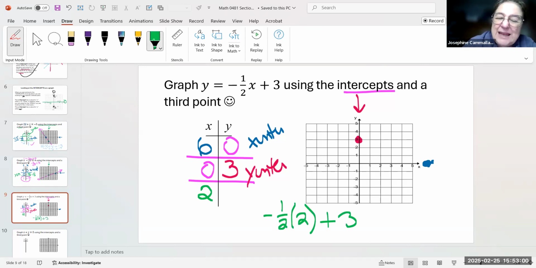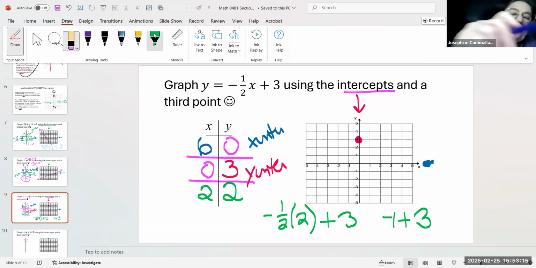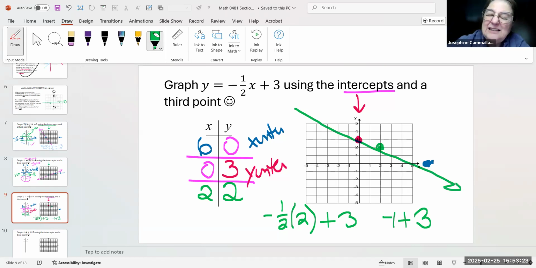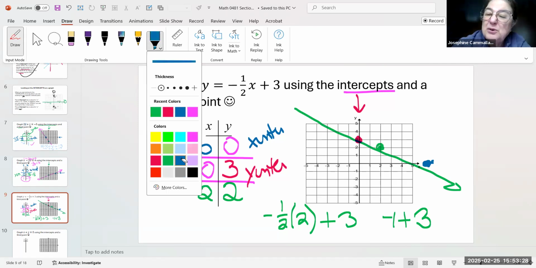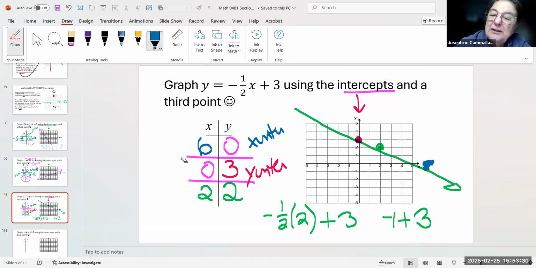This is going to give me a negative 1 plus 3, or I have the point 2, 2. And notice my 2, 2 is going to sit right, got to go up a little bit, right here. And the reason is, when I draw the line, okay, and my blue point should probably be closer, should be right here.